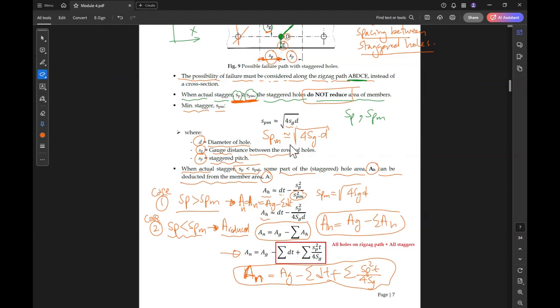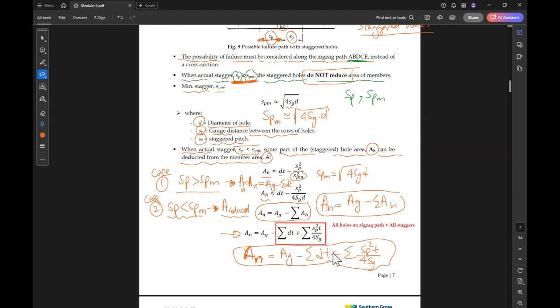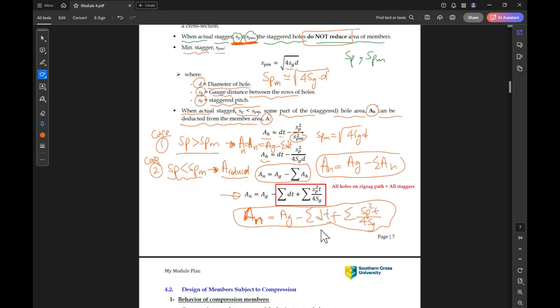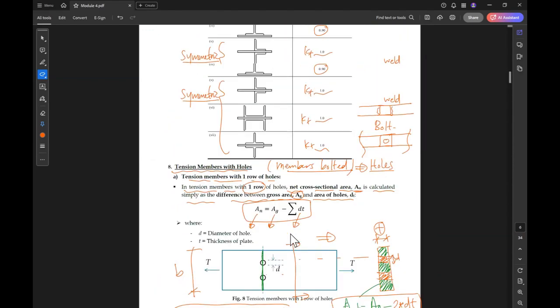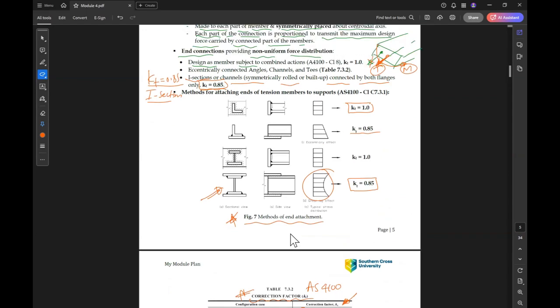Okay, so this is how to consider the staggered connection, or staggered bolts. So this is our new area net. Okay, so this is actually what we have to do for the tension member.